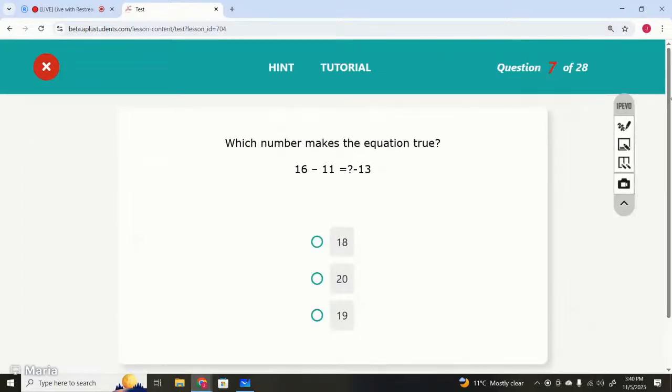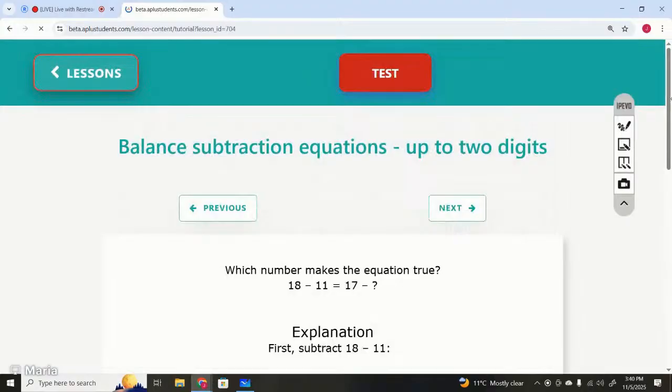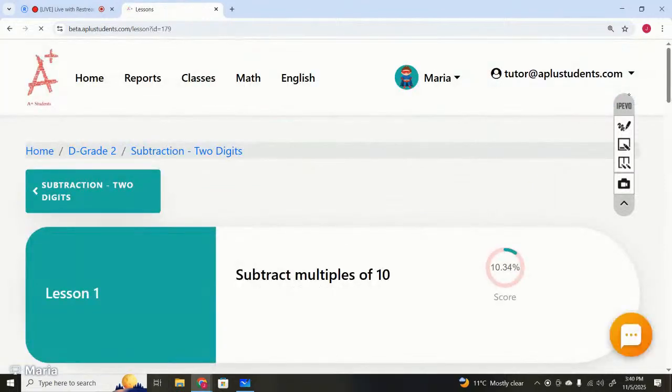Okay, you can complete the lesson by yourself later today. So we were working on grade 2 math. The chapter we were working on is subtraction up to 2 digits.